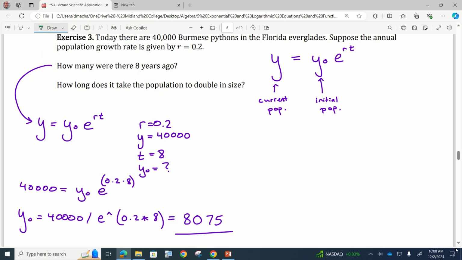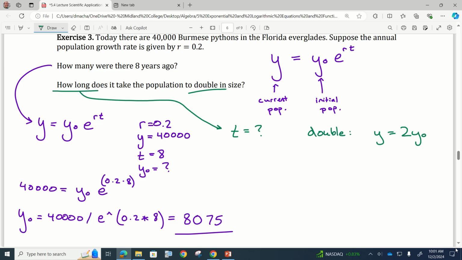The other part of this question says how long, and that means I'm looking for t. And how long does it take the population to double? Well, double, that means y is equal to 2 times y0.